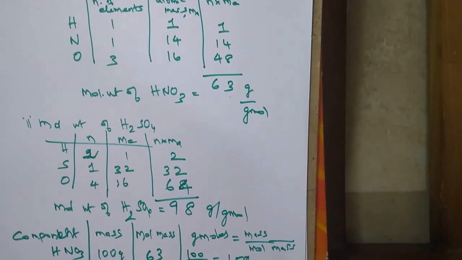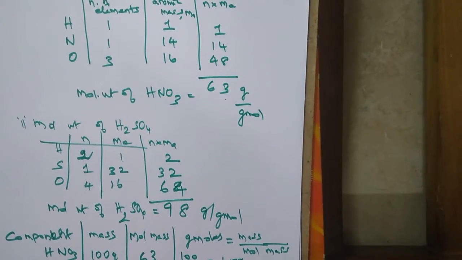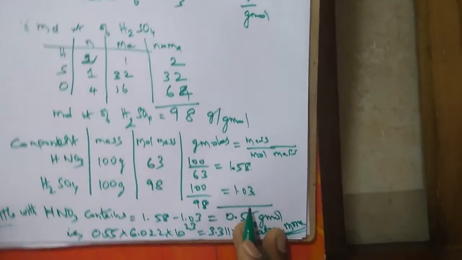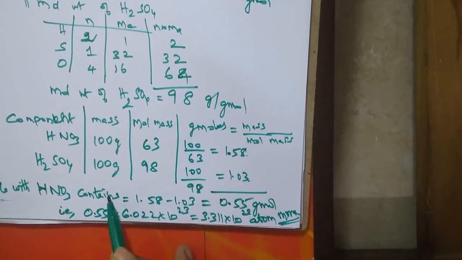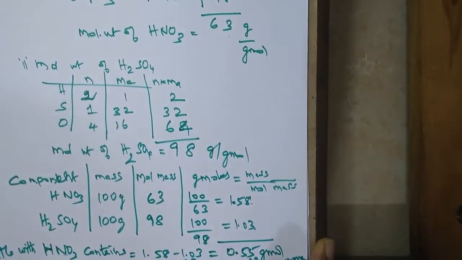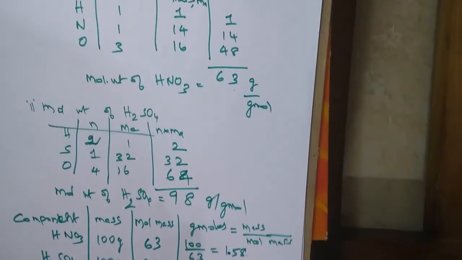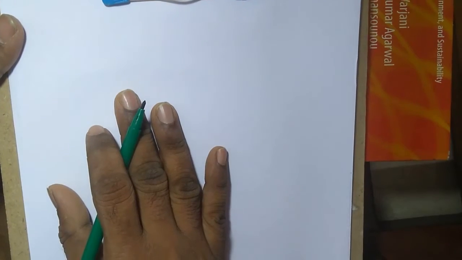First we identified the nitric acid bottle as containing more atoms, because it has more gram moles. Then we found the excess gram moles, and multiplied by the Avogadro number to get the excess atoms present in the nitric acid bottle.